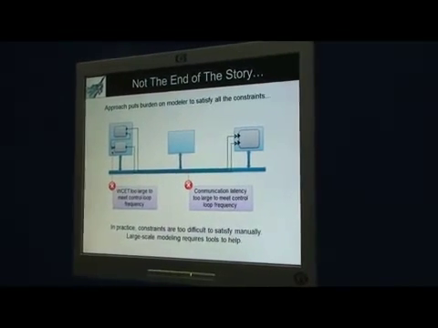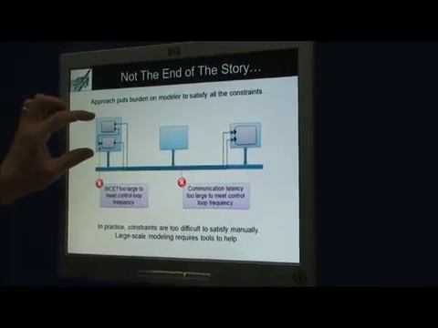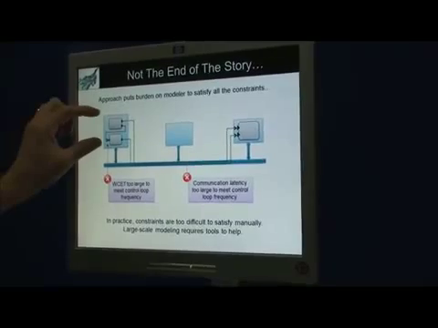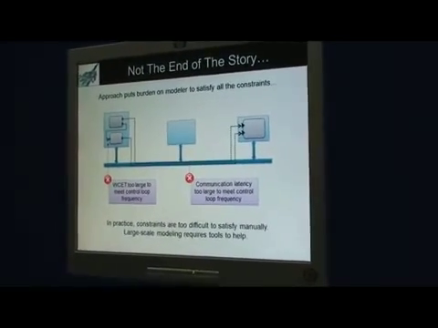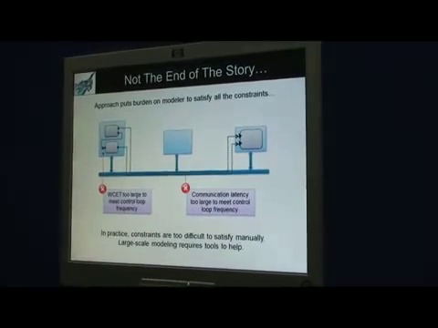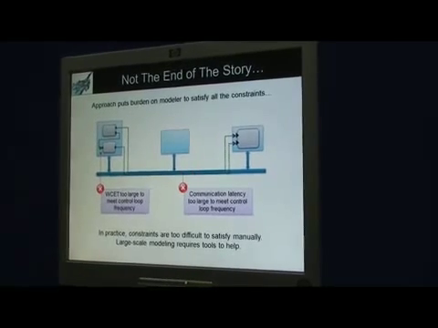What existing tools can do is to tell you when you've made a mistake. So they might be able to tell you, well, if you try to run both of these components on the same node, because they share the same node, they'll run too slowly to produce the data that the component over here needs. So it's good that you can get these mistakes early before you actually implement.